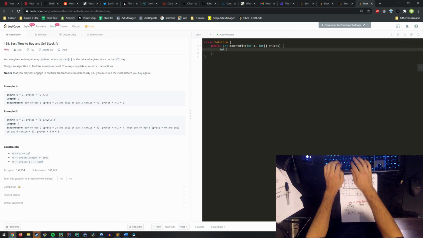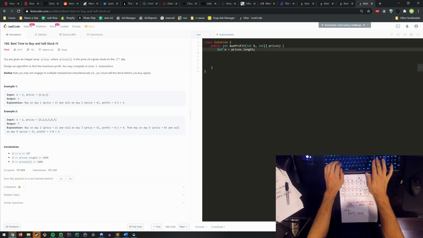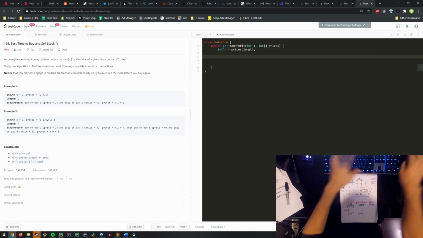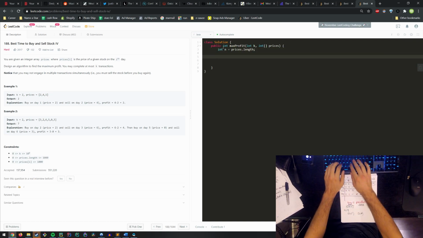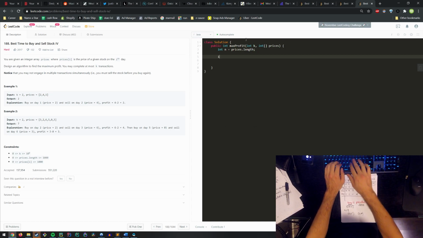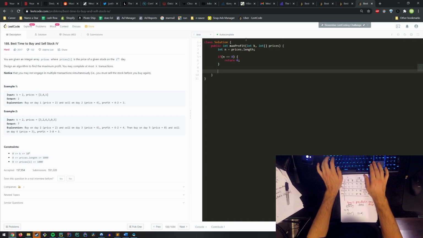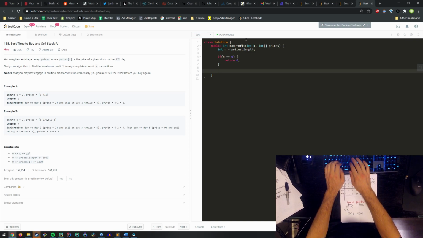I'm going to be using the length of the array a lot, so I'll say n equals prices dot length. Right off the bat, if n equals 0, return 0. So what did we need?